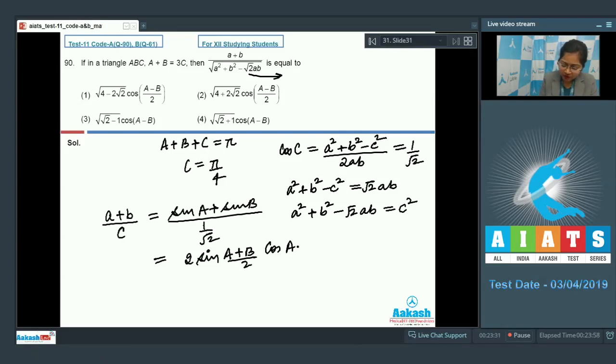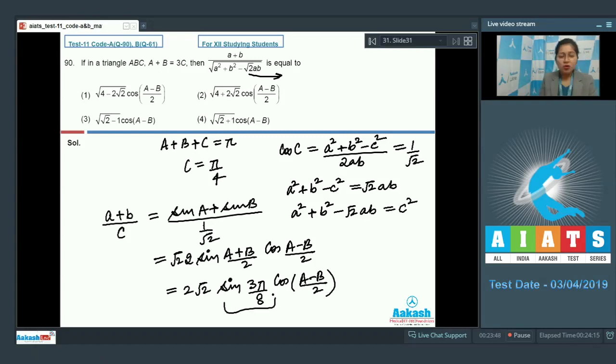into cos of (A minus B) by 2, into root 2, that is equal to 2 root 2 into sine of (A plus B) by 2, which is 3 pi by 8, into cos of (A minus B) by 2.